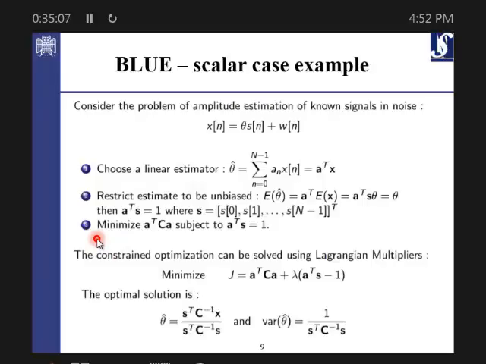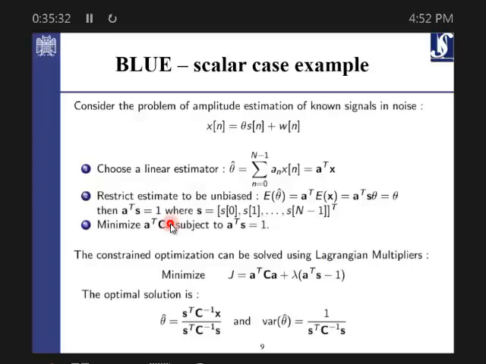Now you want to minimize the variance. Variance is A transpose covariance A. Can anybody say how we could come up with this? It's simple.